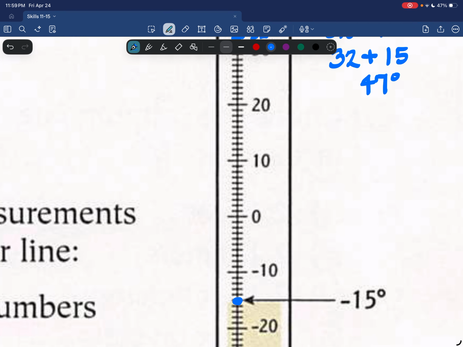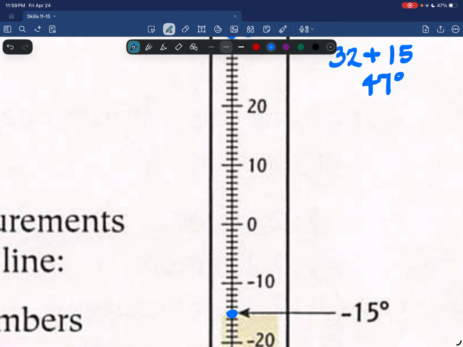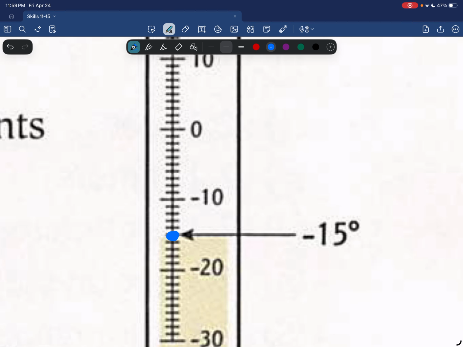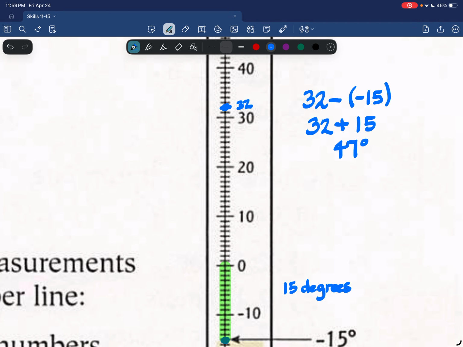For me, the easiest way is to do it like this. I'm going to find the distance from negative 15 to 0. That is 15 degrees. And then from 0 up to that 32 would be 32 degrees.